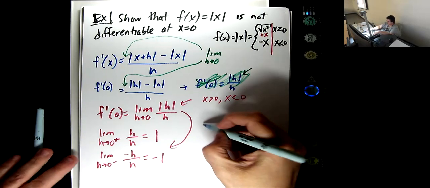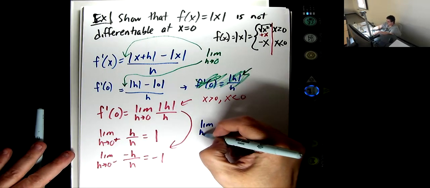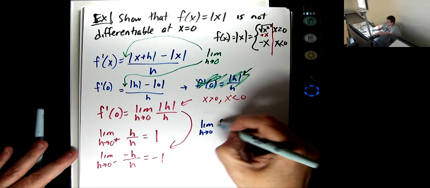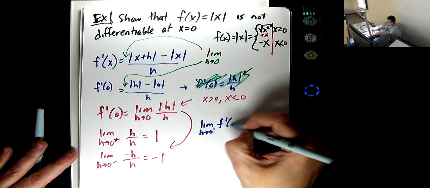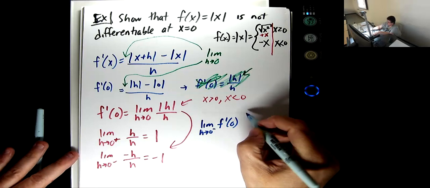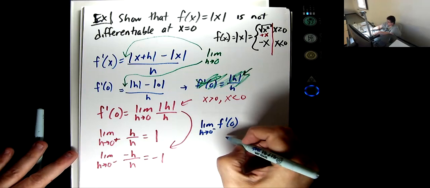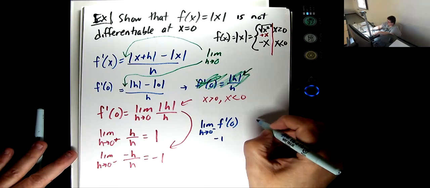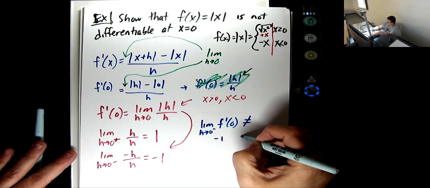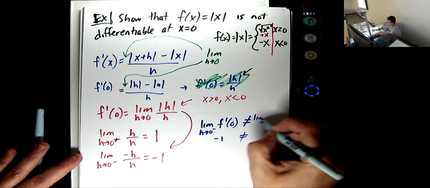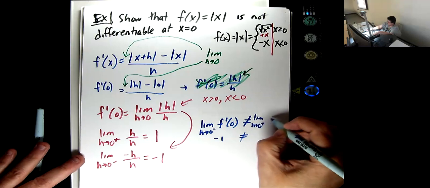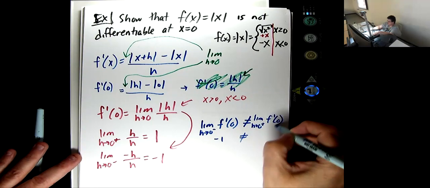So we can see the limit as h goes to 0 from the negative side of f prime of 0, which is negative 1, does not equal the limit as h goes to 0 positive of f prime of 0, which is positive 1.